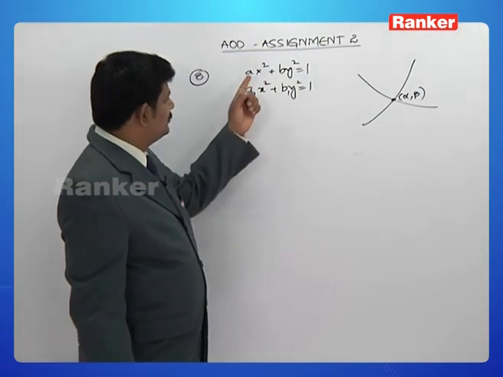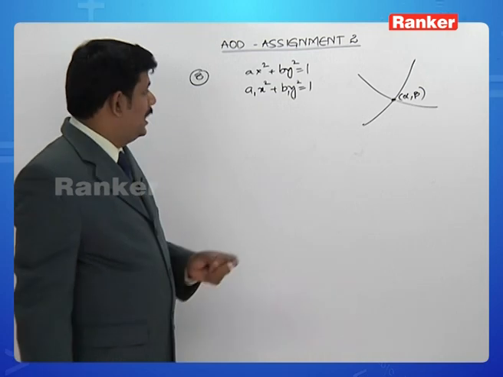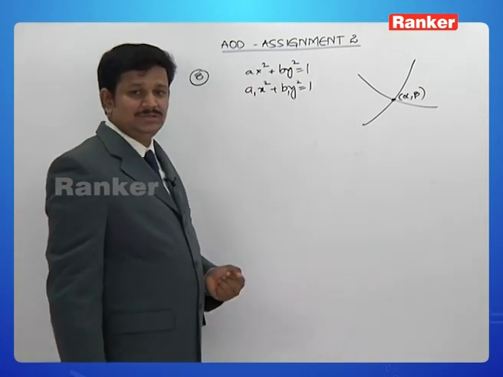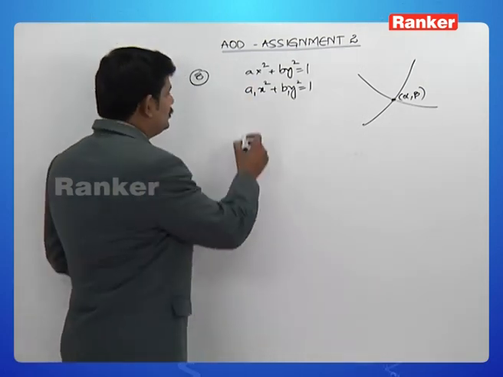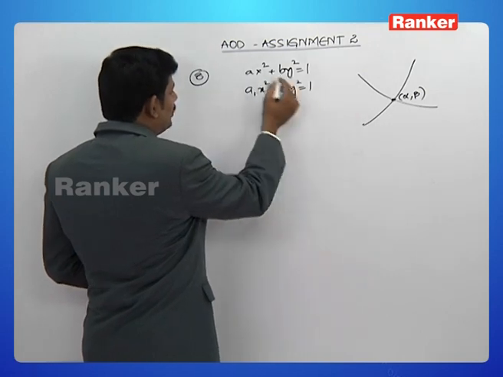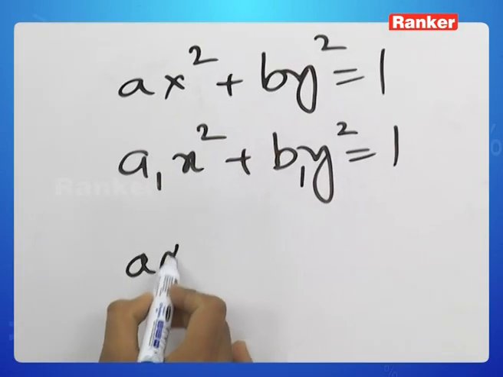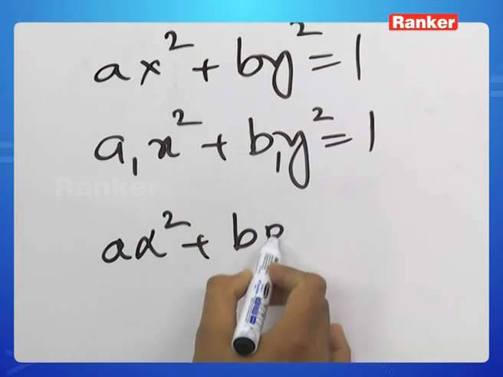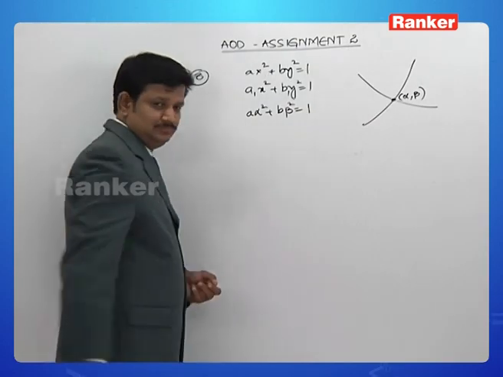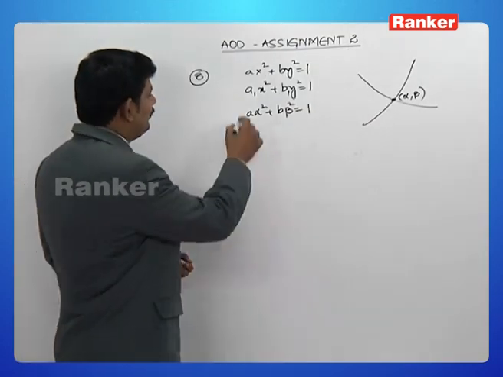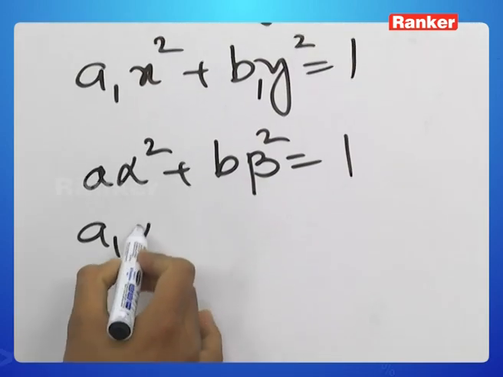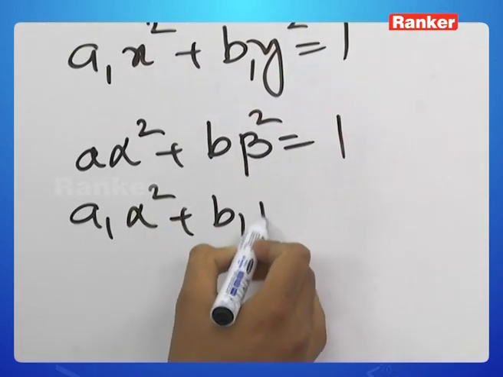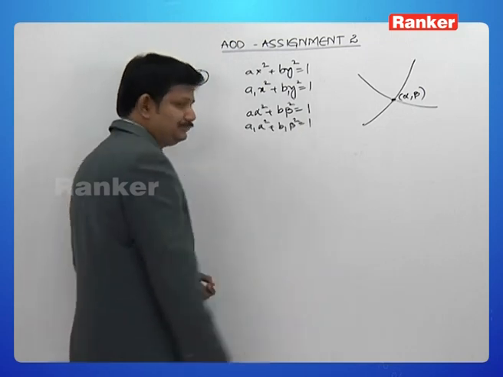Alpha comma beta is a point on the first curve and it is also a point on the second curve. So, substituting alpha comma beta in the first curve, we have a alpha square plus b beta square is equal to 1. Substituting alpha comma beta in the second curve, we have a1 alpha square plus b1 beta square is equal to 1.